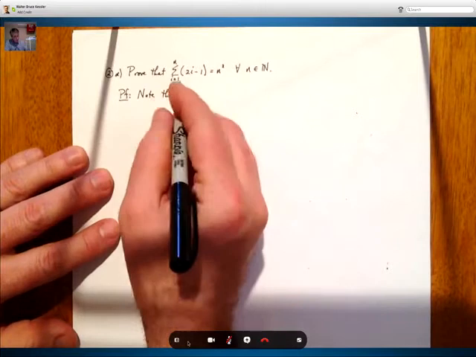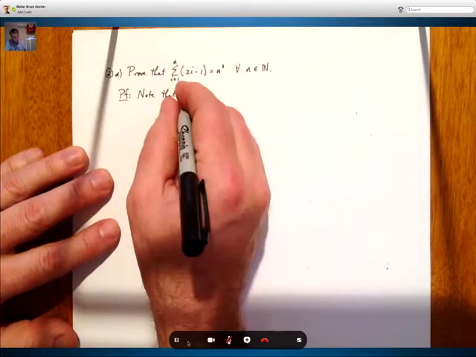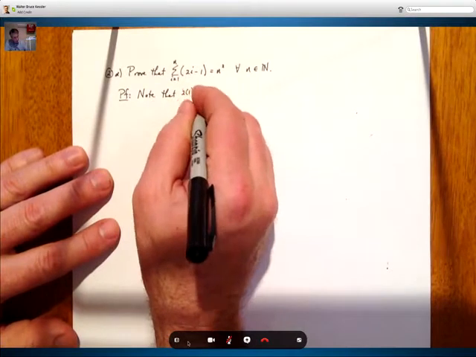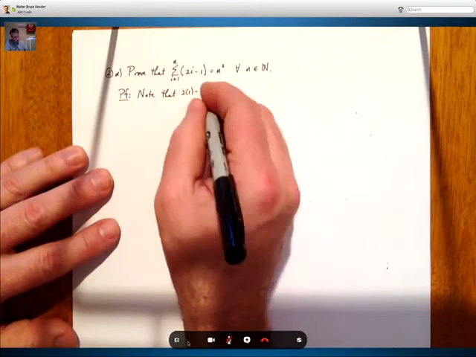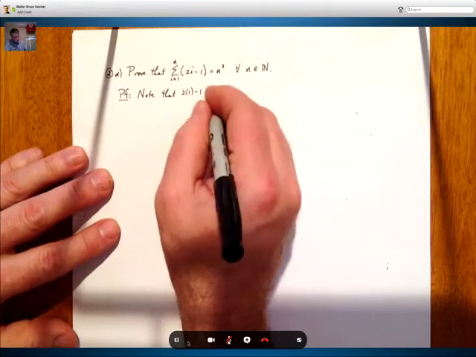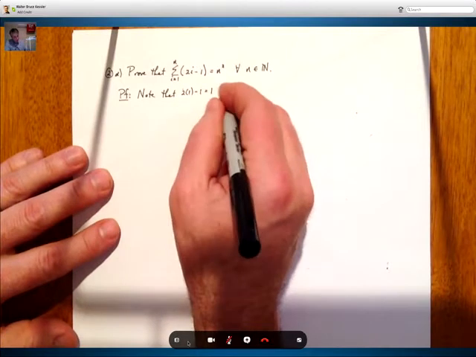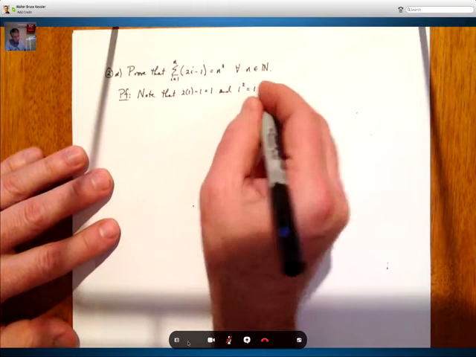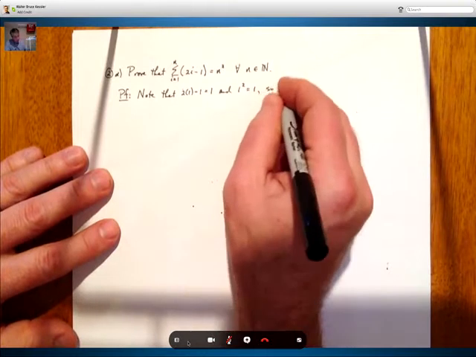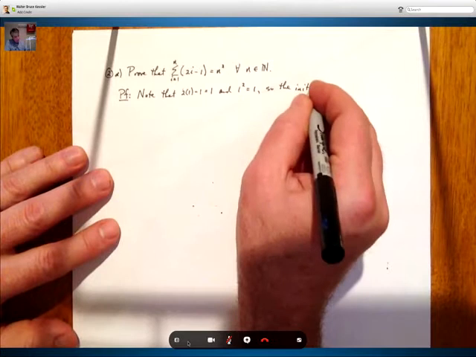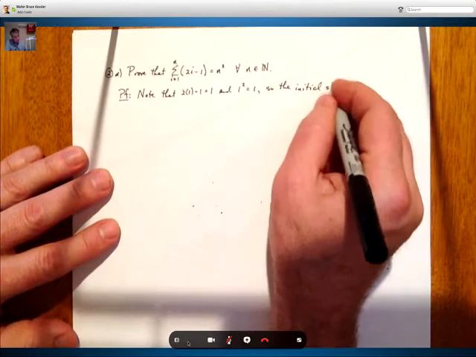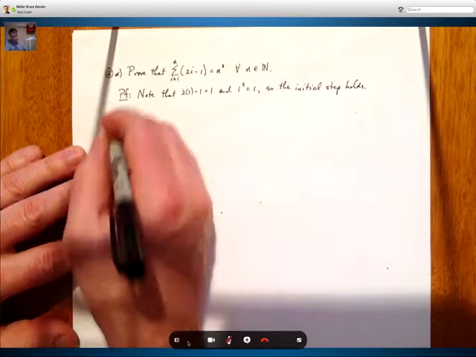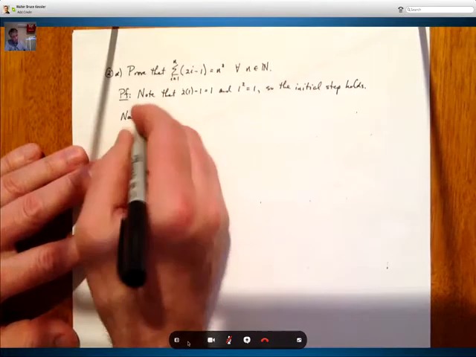Note that when i is 1, this is 2 times 1 minus 1, just plugging in here, which is 2 minus 1, 1. And if I look at this side of it, 1 squared is 1. So the initial step holds.